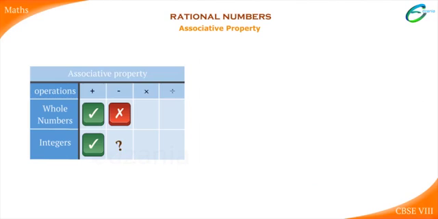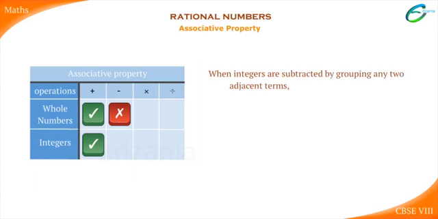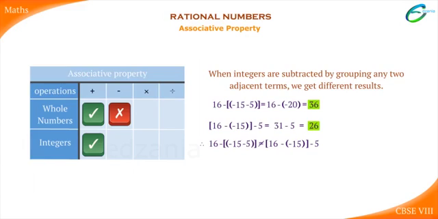Is it the case for integers? Yes. When integers are subtracted by grouping any two adjacent terms, we get different results. Hence, subtraction is not associative for integers also.